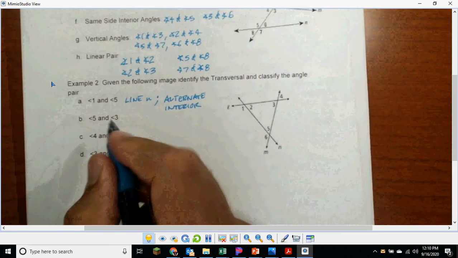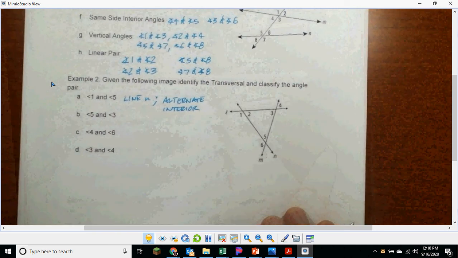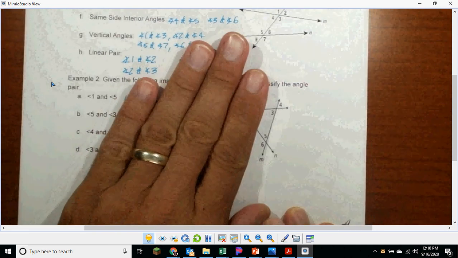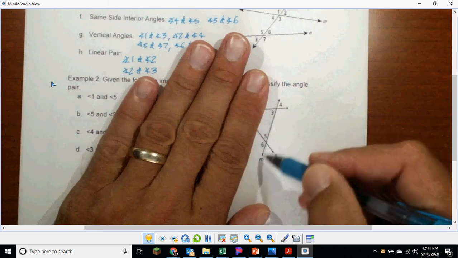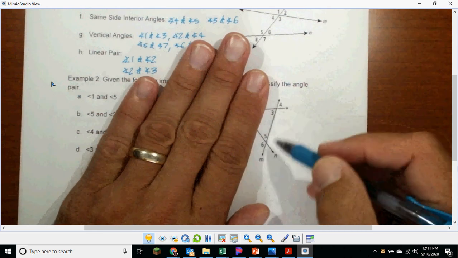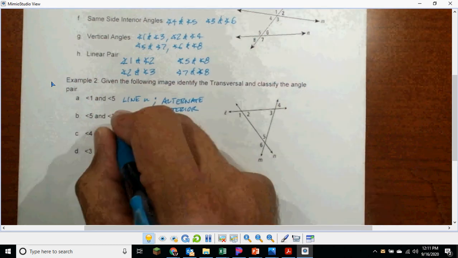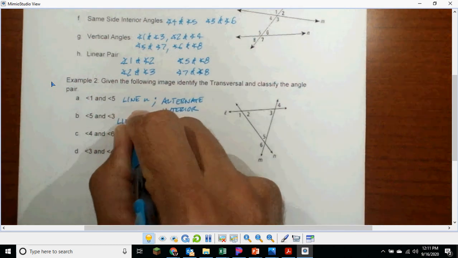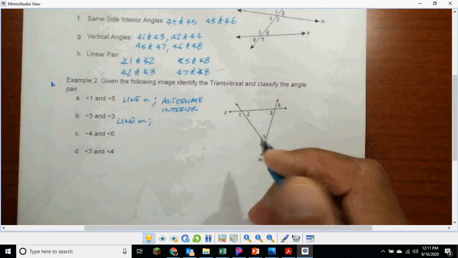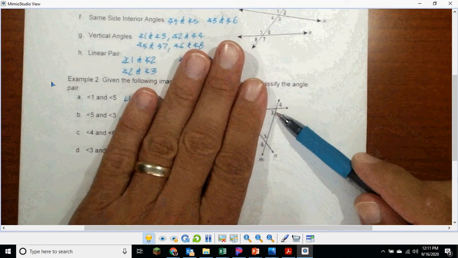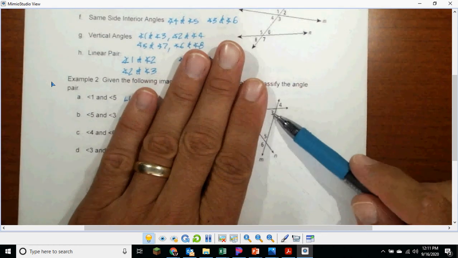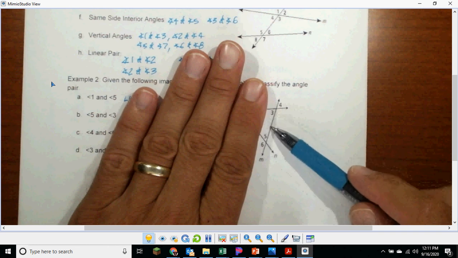All right. Angle 5 and 3. All right, 5 and 3 are over here. If I look at 5 and 3 and disregard the other intersection, I can see that M is the line that crosses both of them. So this one is line M. And 5 and 3, again, looking at this intersection, I can see that they are in between the two lines and on the same side of the transversal.